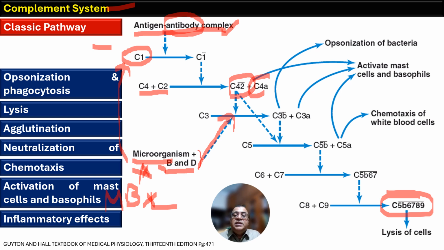First is opsonization of the bacteria. The C3 binds to the pathogen and marks it for phagocytes. That is opsonization. It enhances immune cell recognition and clearance of the pathogen. Opsonization is by C3b, activation of the mast cells and basophils is by C4a, C3a, and C5a.